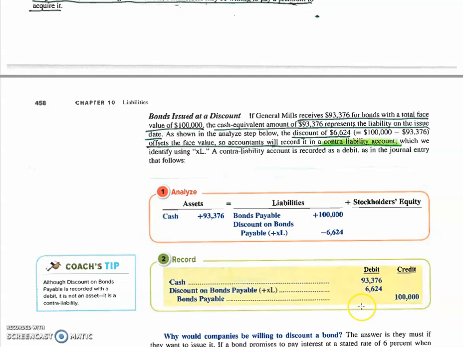So again, if we assume 20-year maturity, we would have 40 payments. We would divide the discount by 40, and that would give us the amount of the amortization of the discount at each interest payment period.